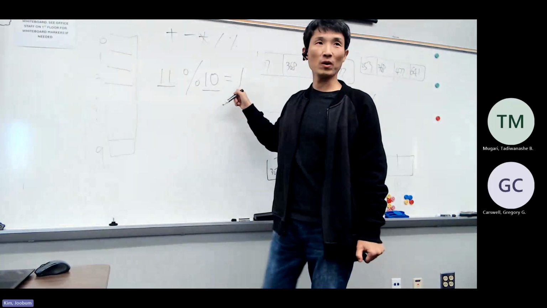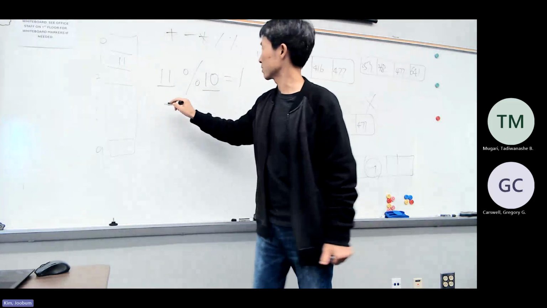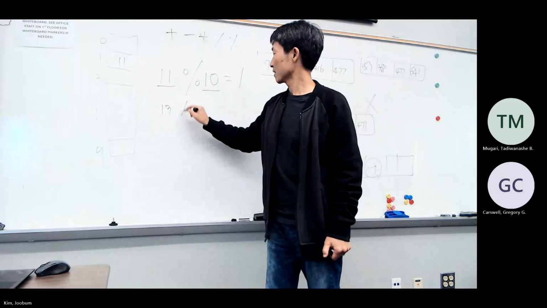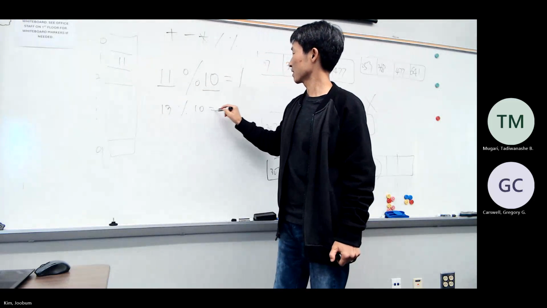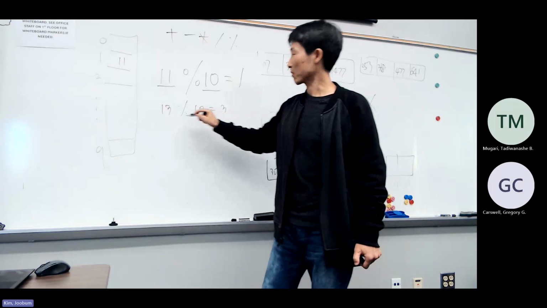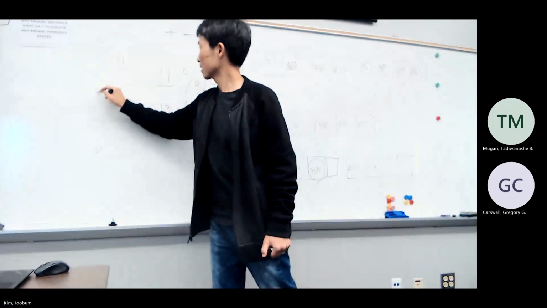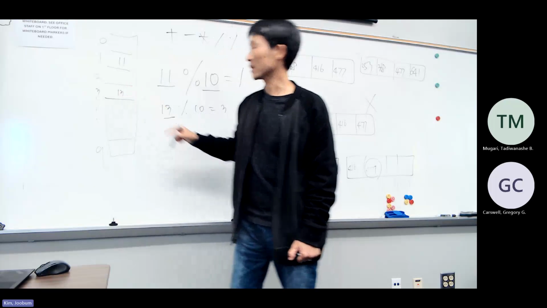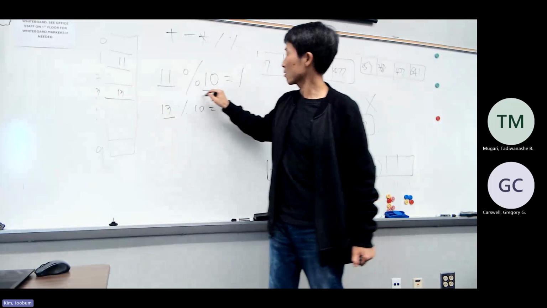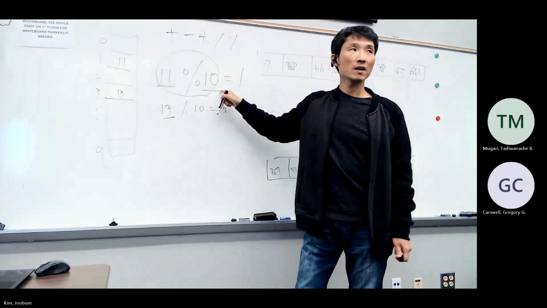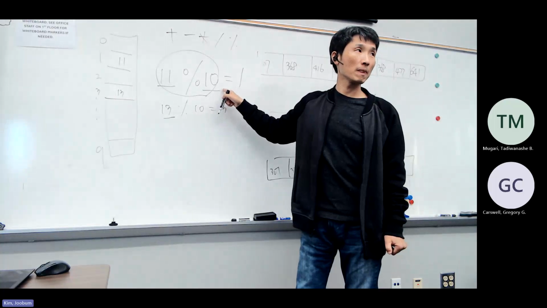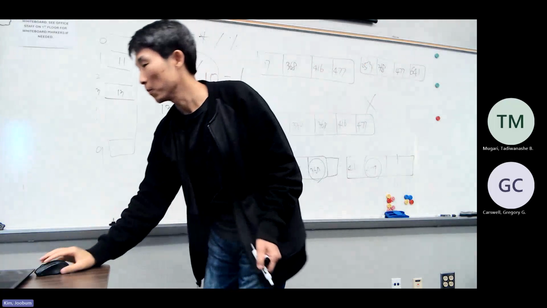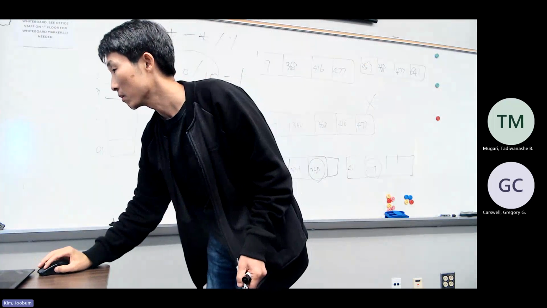Why? The remainder is 1. How about 13? Remainder, 13 divided by 10, is 3. So the 13 is stored at index 3, like this. That is called hashing. Hashing function, very simple. In this case, division remainder.